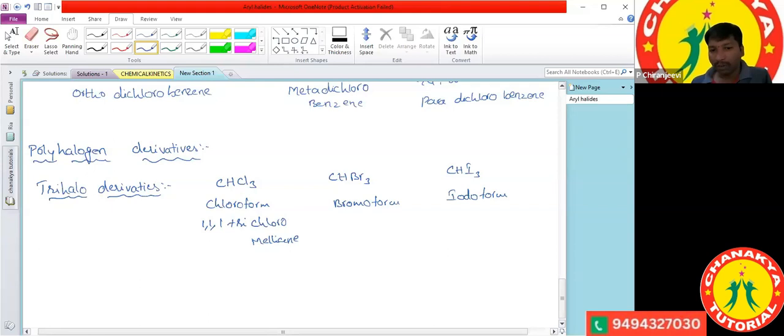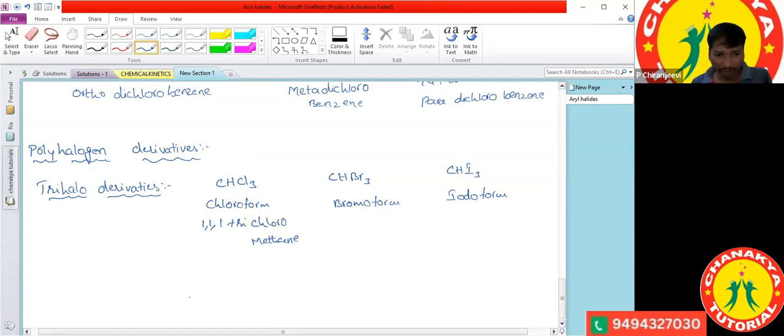If you mention the number or you may not mention it, it is correct, because the given compound contains only one carbon atom. So we can call it trichloromethane, tribromomethane, triiodomethane. CHCl3 is called chloroform, bromoform, iodoform.